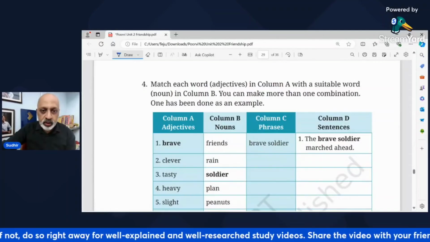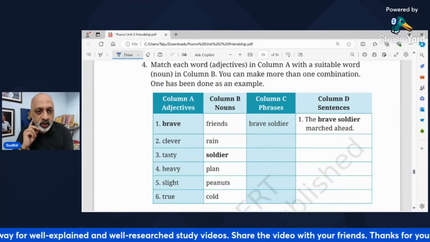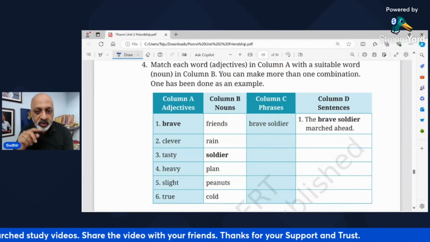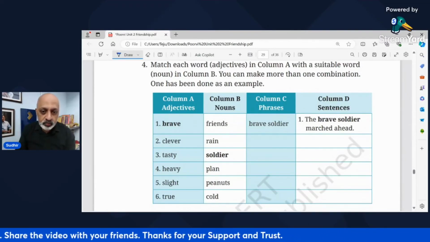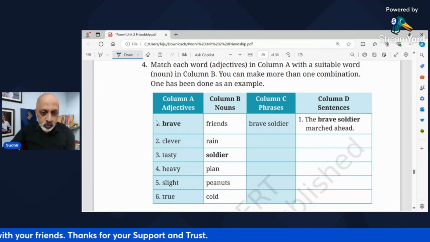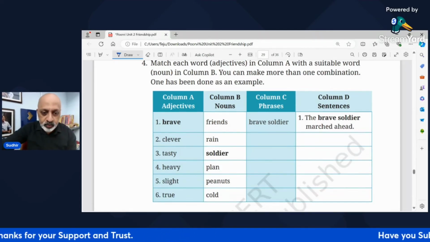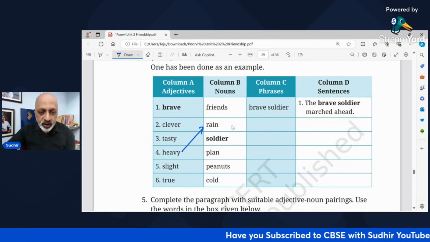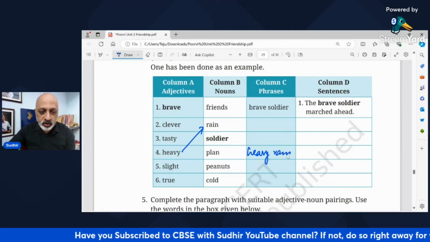Match the adjectives in column A with a suitable noun in column B. You can make more than one combination. One has been done: brave friends. Oh, brave soldier. Okay, brave soldier. So, kya hoga? Heavy rain.